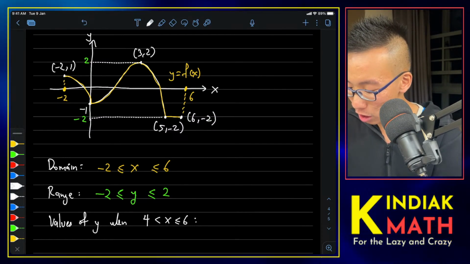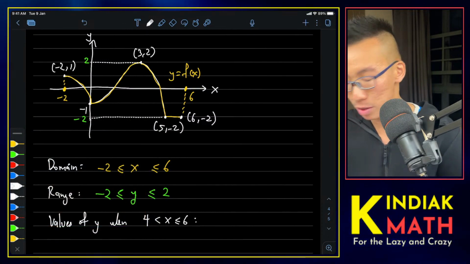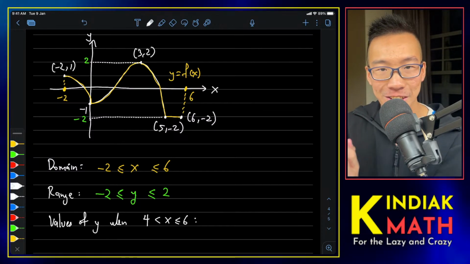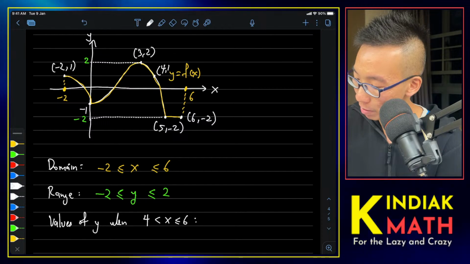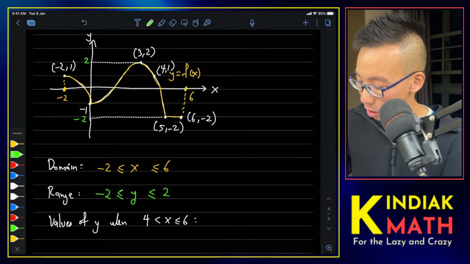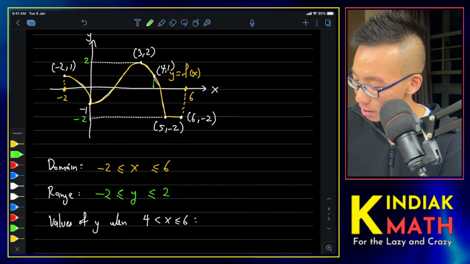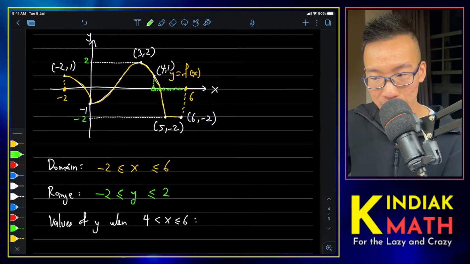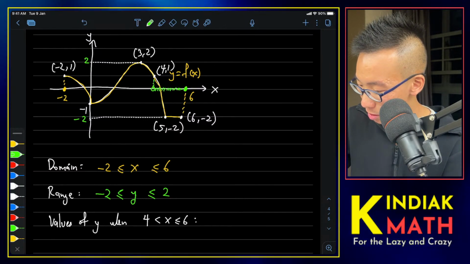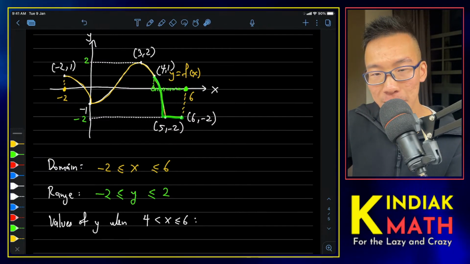Well, if you were to look at the graph given in the document, it actually passes the point 4, 1. So in other words, given that x can take on any of these values, and we are going to exclude 4 in this case, right? We're going to include 6 in this case. What are the possible y values that we can take?